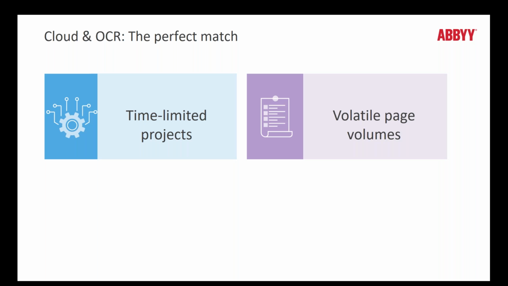And a very similar situation is when this is not a one-time project, but there is a continuous use for OCR processing, but the page volumes might vary a lot. This could be a situation with enterprise companies.